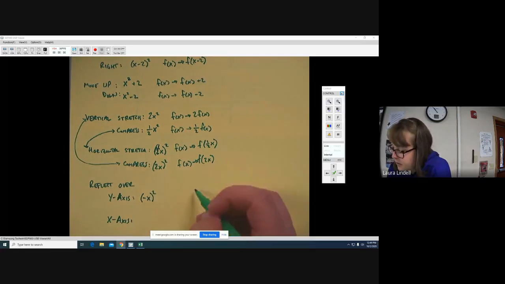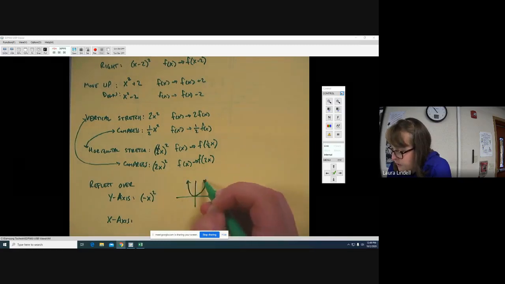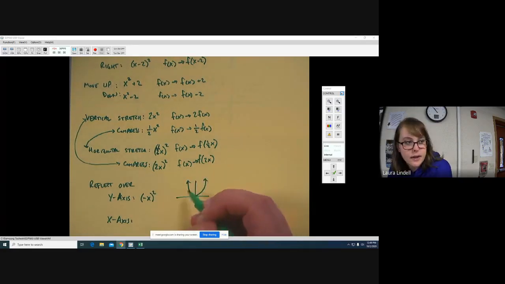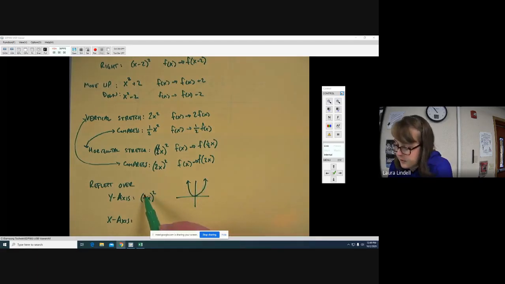Which makes sense if you think about what a quadratic function looks like, right? If I were to reflect a quadratic over the y-axis, it shouldn't really change its shape, because when you look at the way that you would do that, you've got negative x and it's squared. That's just the same thing as regular x squared, since squared things are positive.